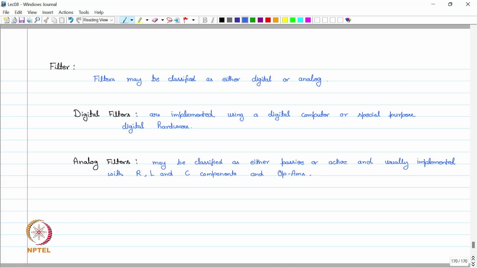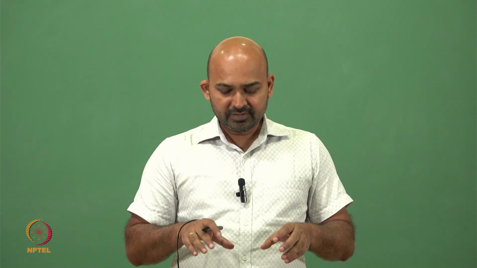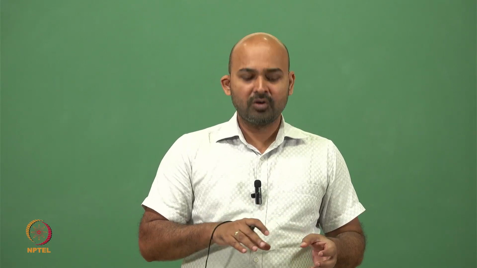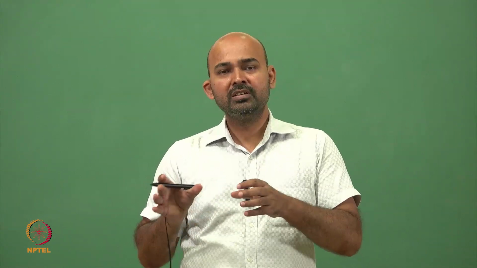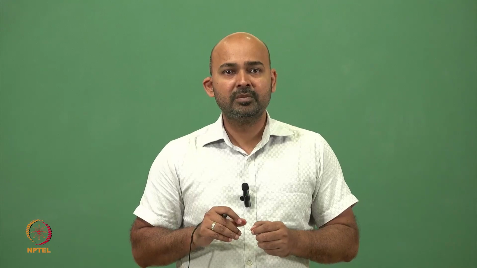So in this stage where we have this filter, these filters can be classified first as digital or analog filters, where the digital filters are implemented using special purpose hardware or a digital computer.